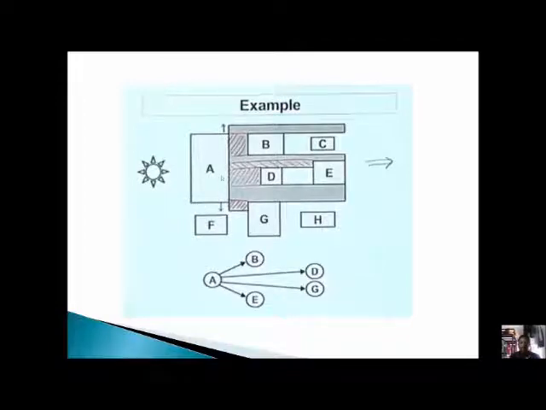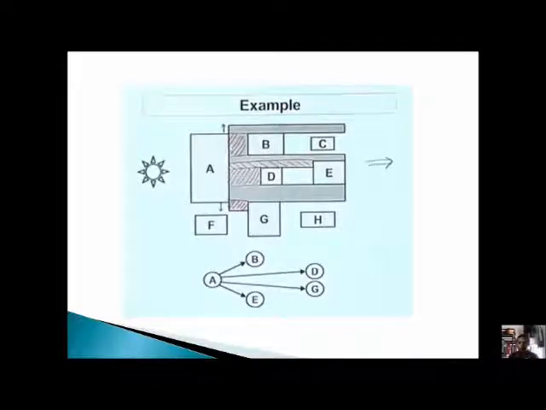When the light falls on B, we can easily visualize from the two blocks that this is the A block and this is the B block, and the shadow is coming from A to B, and A can see B at what distance it is. So from that we can know how far it is, so that we know the constraint.